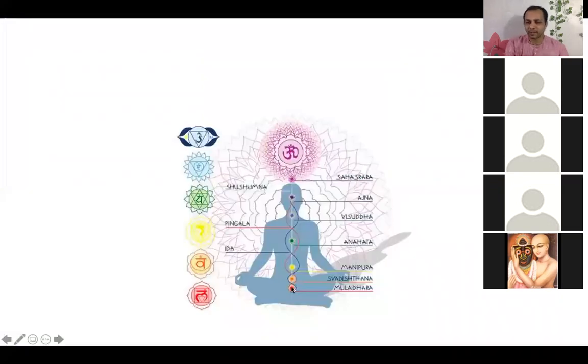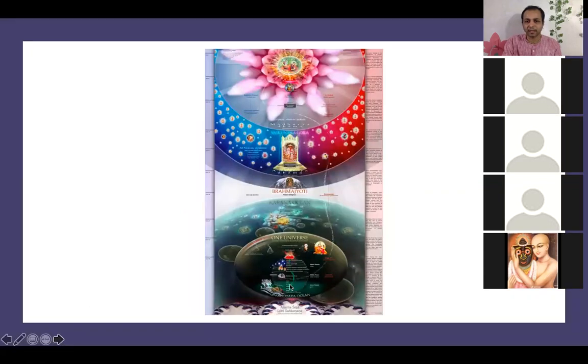For example, if you are at the Muladhara chakra, you can go lower also in your consciousness, because there are 7 chakras in the upper planetary systems, and there are 7 also in the lower planetary systems. So if you go lower, then you take birth in the hellish planets. You can see in this one universe.